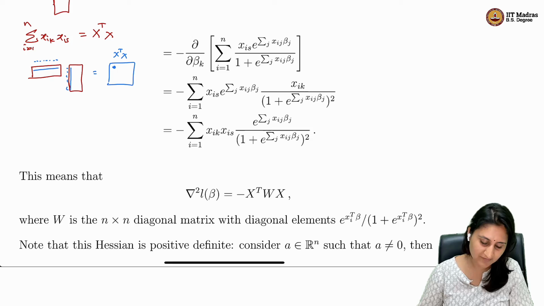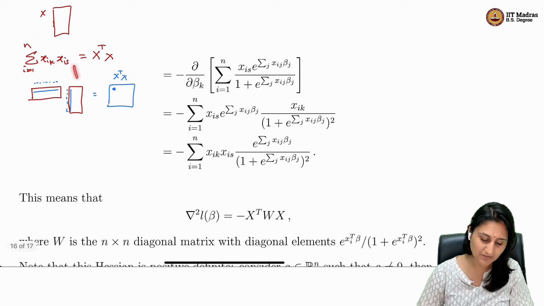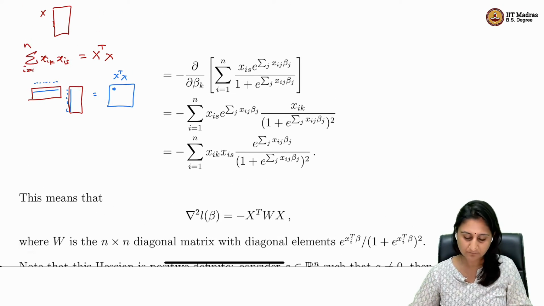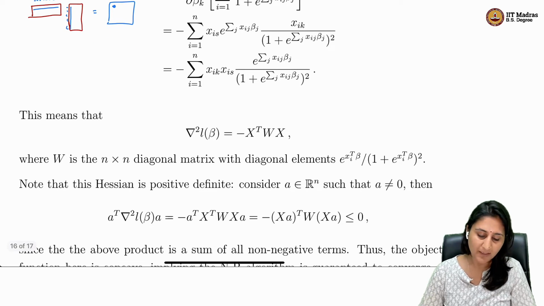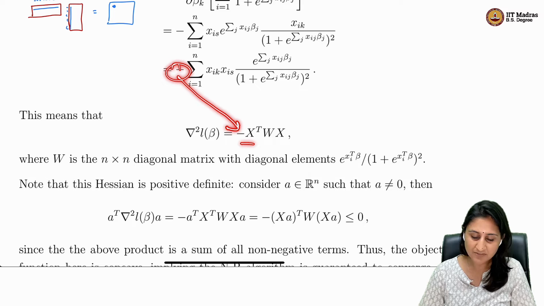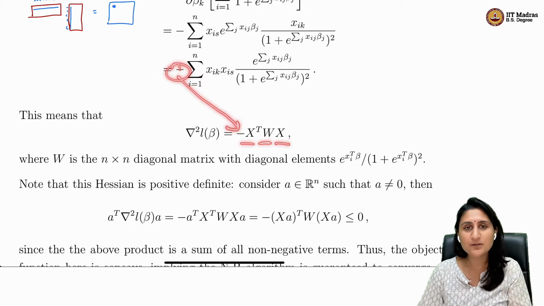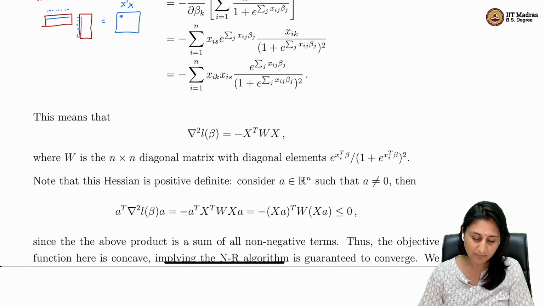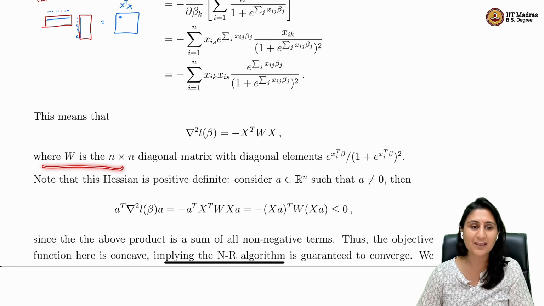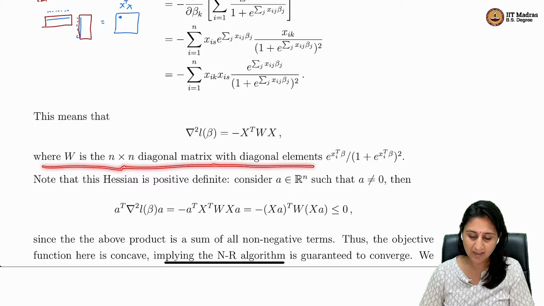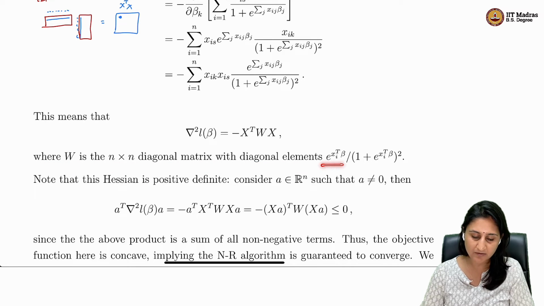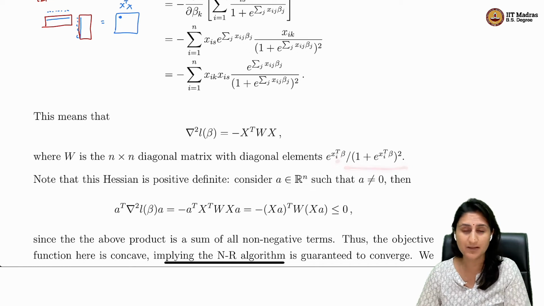So the way to see this is that instead of this being just X transpose X, there's a minus over here, so the minus comes down, and you have X transpose X, but along with a W matrix in the middle, where the W matrix is nothing but an n by n diagonal matrix, where the diagonals are nothing but e to the power xi transpose beta divided by 1 plus e to the power xi transpose beta, squared.